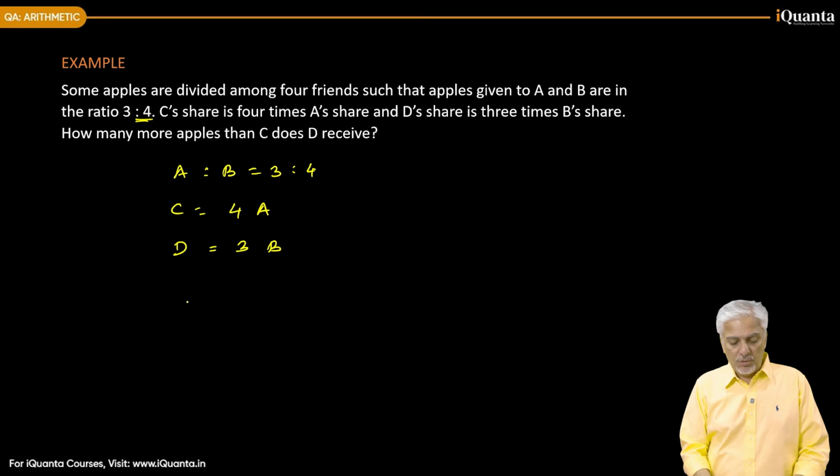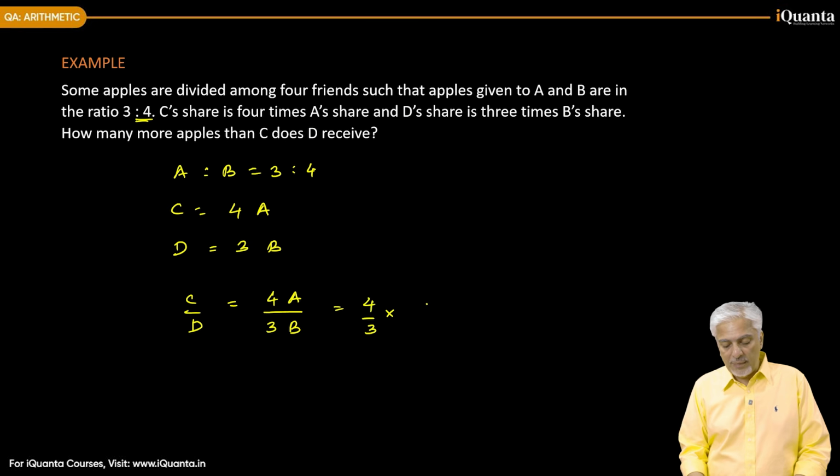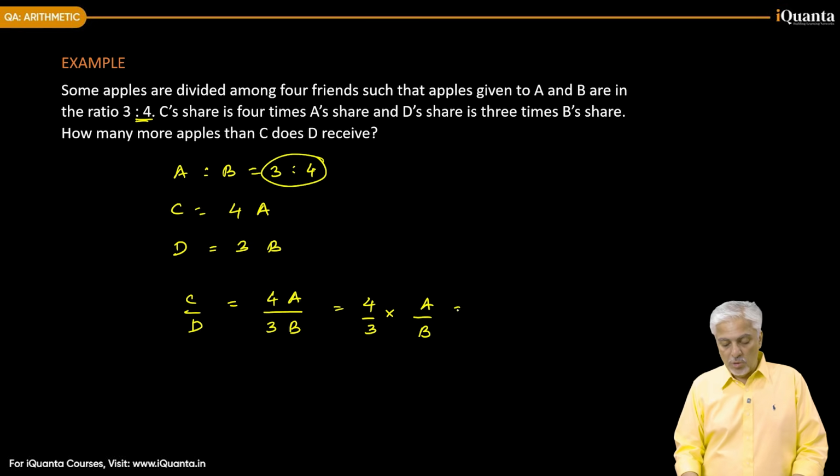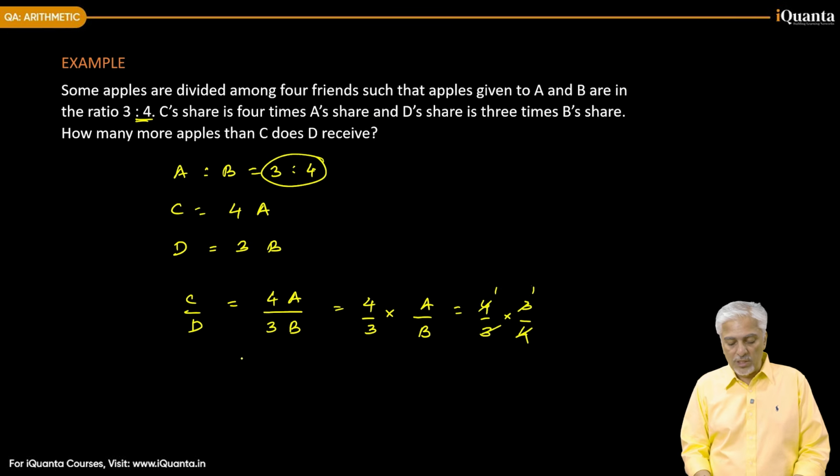Let's pay attention. So let's first find C ratio D. C ratio D will be 4A upon 3B, which I can write as 4 upon 3 multiplied by A upon B. And A upon B is given as 3:4. So this will become 4 upon 3 into 3 upon 4. 4, 4 cut, 3, 3 cut. So we've got 1:1.